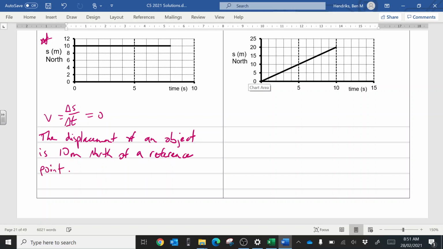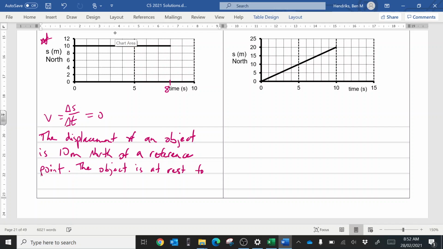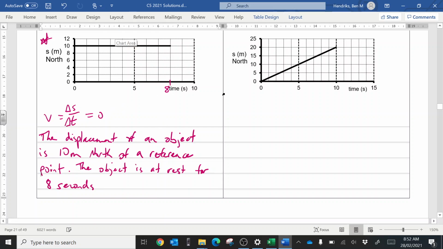And we can say the object remains stationary for 8 seconds. Or at rest. I might say at rest rather than stationary. The object is at rest for 8 seconds. And that implies that acceleration is also equal to 0.